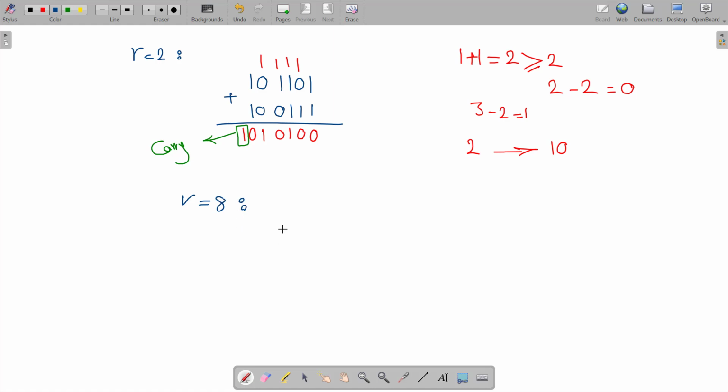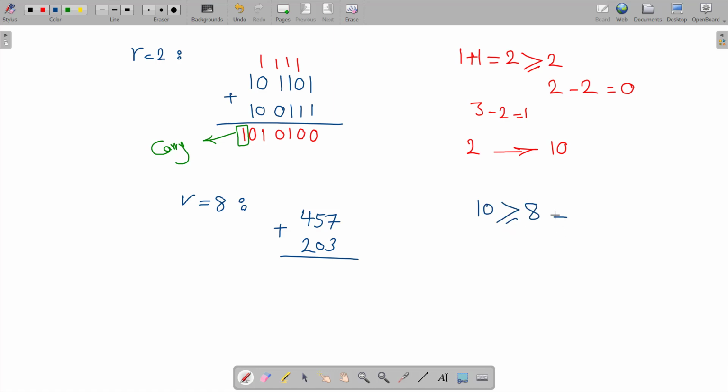Suppose that R is equal to 8 and I have 4 5 7 plus 2 0 3, for example. But suppose that this is not base 10, this is base 8. 7 plus 3 is 10. 10 is greater than 8.